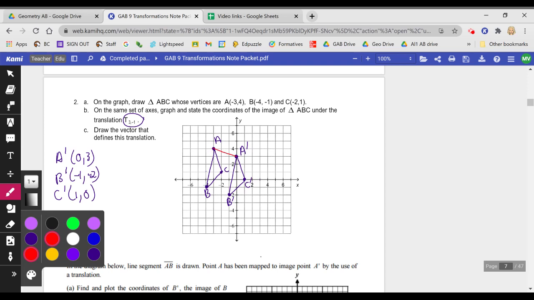When I draw this line, I put an arrow on the end because that indicates which direction. So that shows me that I went right 3 and down 1, which is the vector 3, -1. And I can do that from any of the points, and you'll notice that they're all parallel. And that's how I draw the vector.